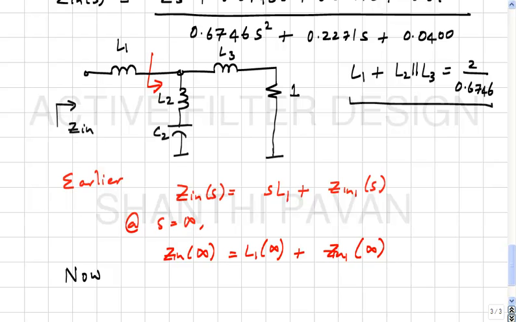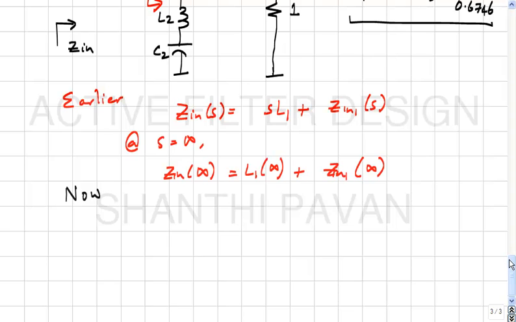Now at S equal to? Very good. So now what happens? Zn of S is nothing but SL1 plus Zn1 of S, correct?